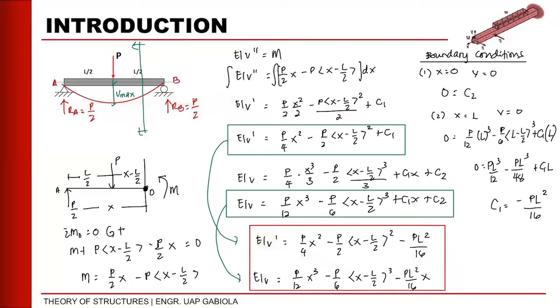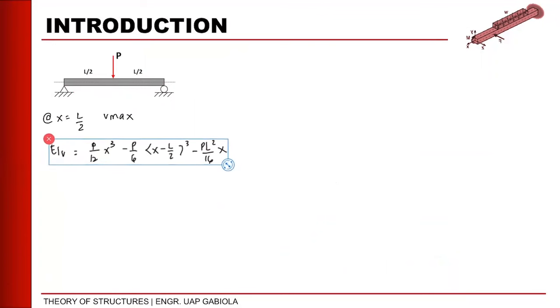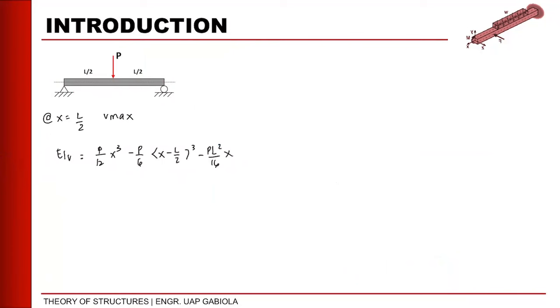So, pakita natin ngayon yung maximum deflection natin. So, for this problem, assume natin nasa gitna at x is equals to L over 2, yun dun yung ating Vmax. Okay? So, using our equation, Vmax is equals to, pwede natin i-divide si EI.